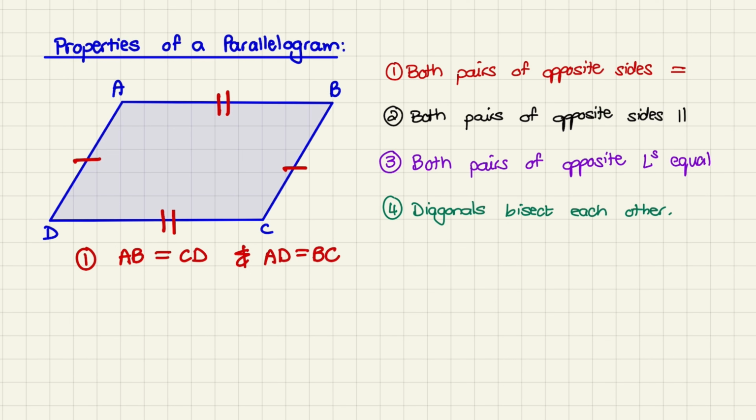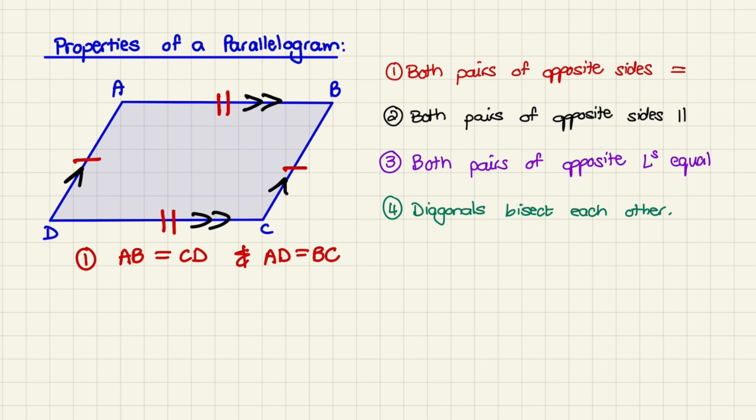The second property says both pairs of opposite sides are parallel. So AB would be parallel to DC and AD would be parallel to BC. And we indicate parallel lines with arrows.